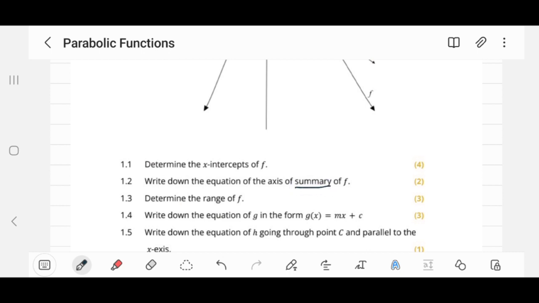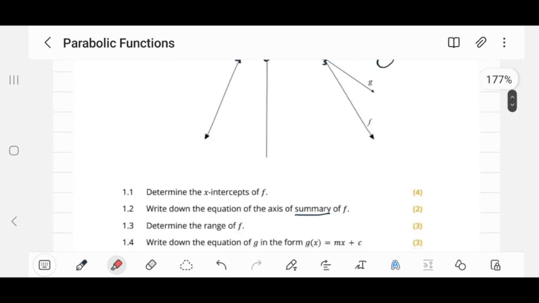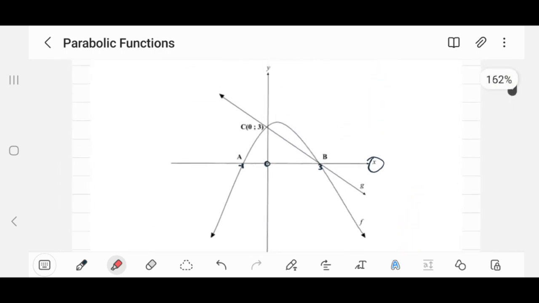Here they wrote summary, but I think they wanted to say symmetry. The axis of symmetry is a line that cuts the function into two equal parts, and that is the axis of symmetry of f. So we are still on f.